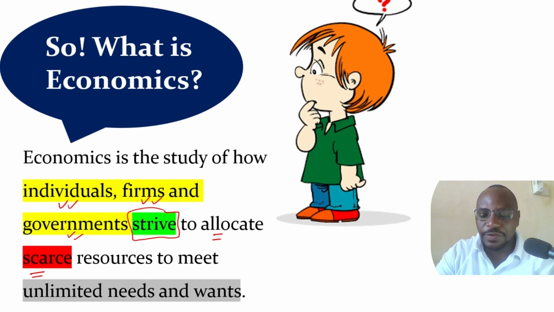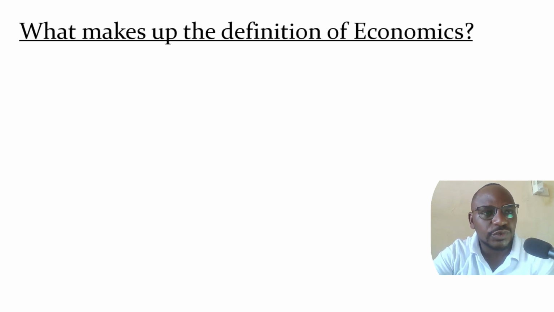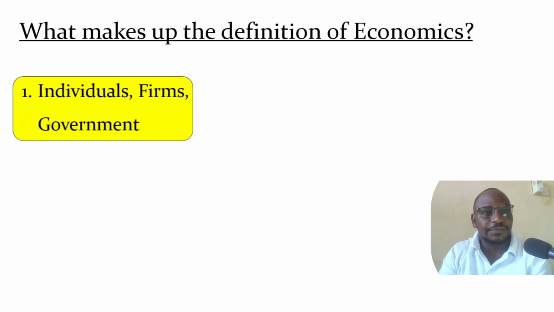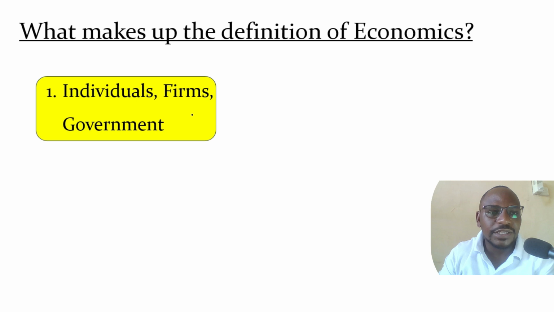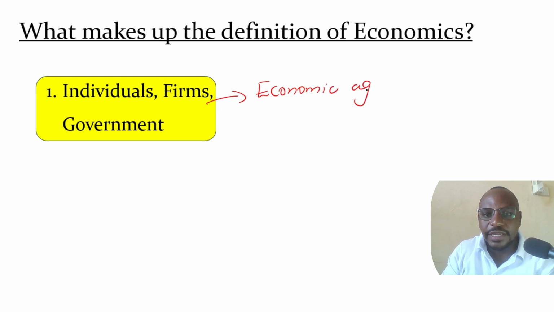What are the components of this definition? So the first thing we ask ourselves, what makes up the definition of economics? Then we find that one, we have individuals, firms, governments. Who are these people? In economics, these ones we shall call the economic agents. So what are the economic agents?